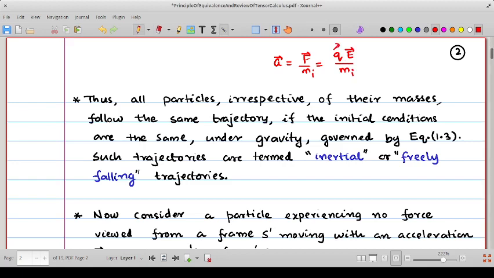Now as the charge q changes, the acceleration will be different, and as the mass changes, the acceleration will be different.